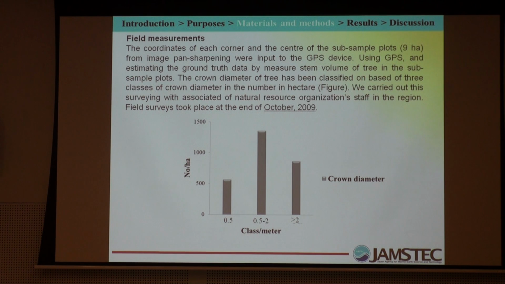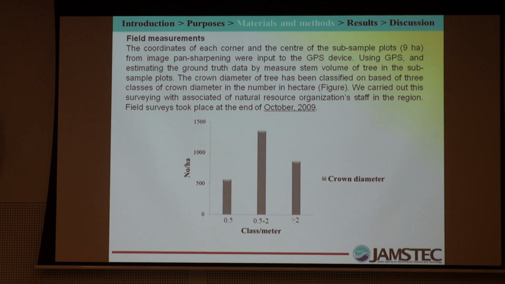For field measuring, the coordinate of each center of the subsample plot was input into GPS devices from the pan sharpening, as I mentioned in the previous slide. We find each corner of the subsample in the ground data.